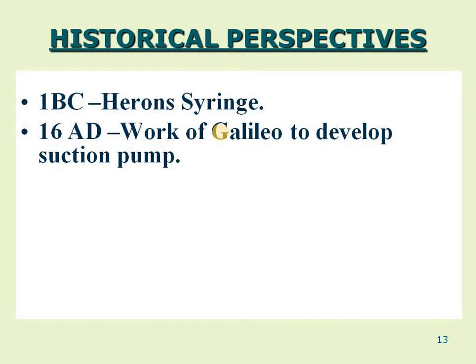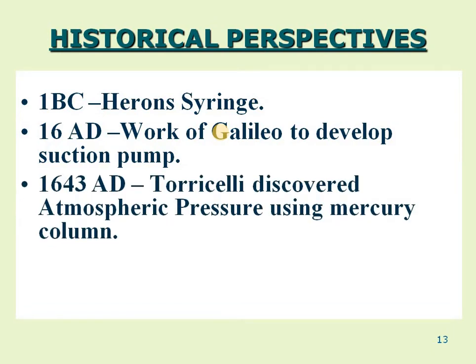And in 1680, Galileo developed the first suction pump, a mechanical pump operated manually. We can rotate some lever and create vacuum, and the liquid can be sucked up. And in 1643 AD, the Italian scientist Torricelli discovered atmospheric pressure, or he measured atmospheric pressure by using a mercury pump.